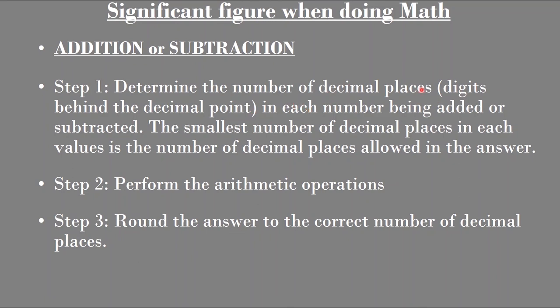So you will determine those decimal places in each number being added or subtracted. And then the smallest number of decimal places in each value is the number of decimal places allowed in the answer. Then you perform the arithmetic, and after that you perform the rounding to the correct number of decimal places.